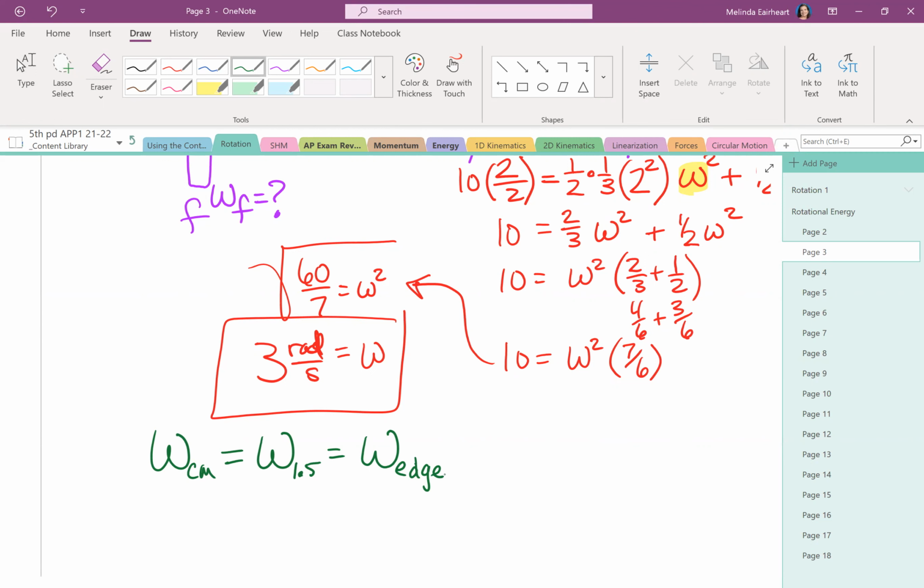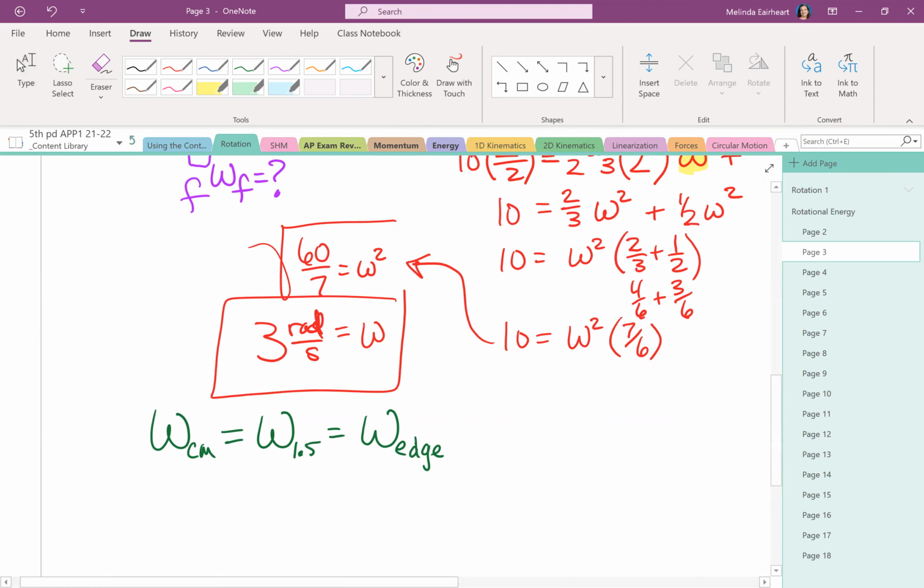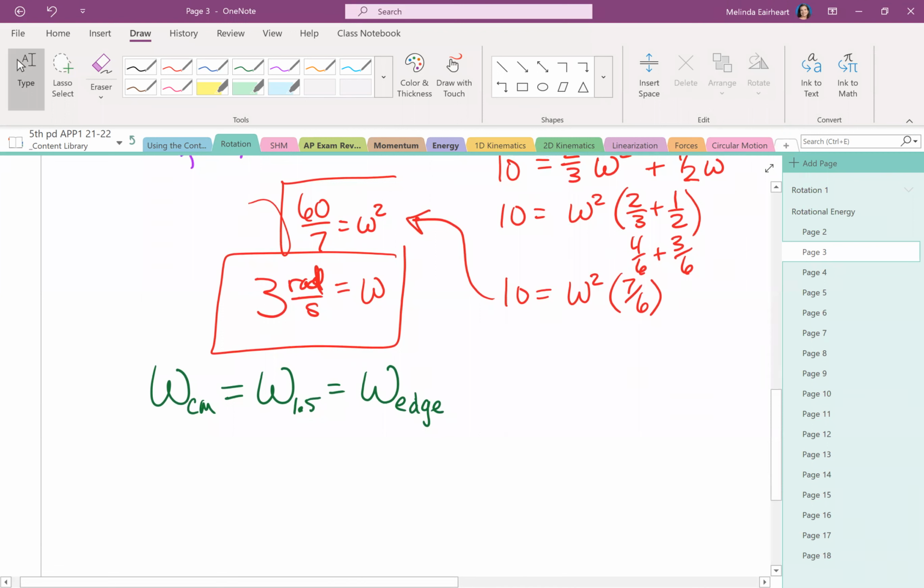We talked about that concept back with circular motion. And so using our non-slip equation, v equals omega r. And so for the 1.5 mark is what we're trying to look at. We'll use the same omega, 3 radians per second, times 1.5 meters.